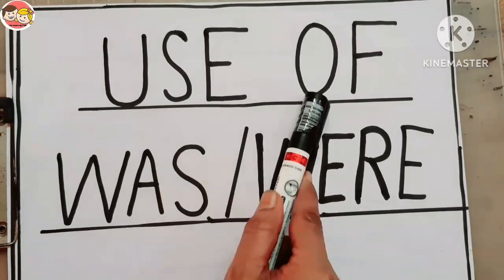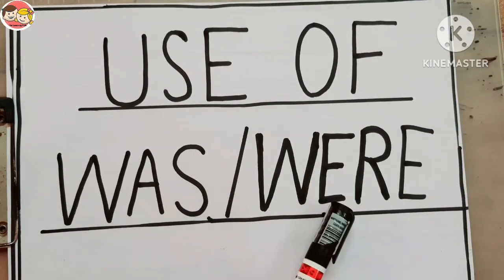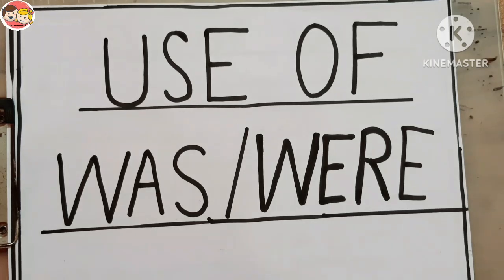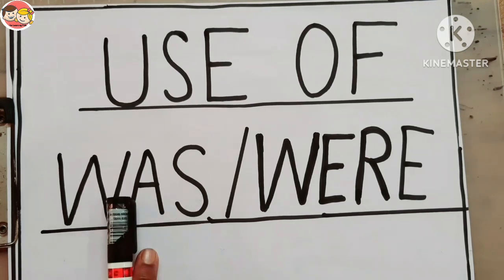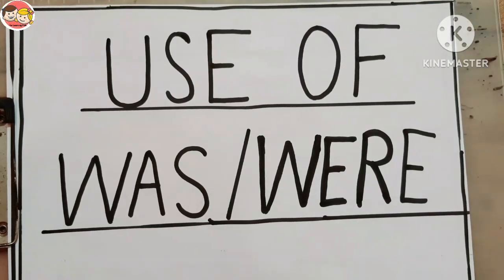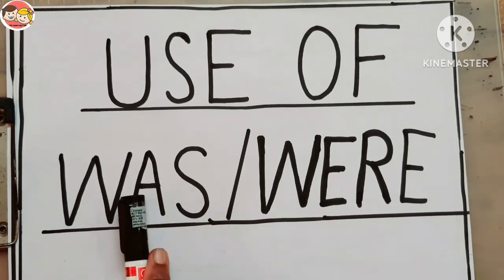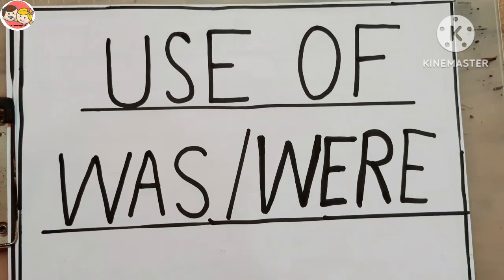So use of was and were. As we know, am, is and are are the present form of the verb be. In the same way, was and were are the past form of the verb be. I repeat, was and were are the past form of the verb be.